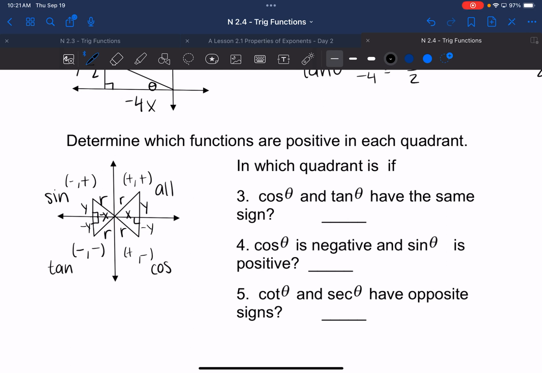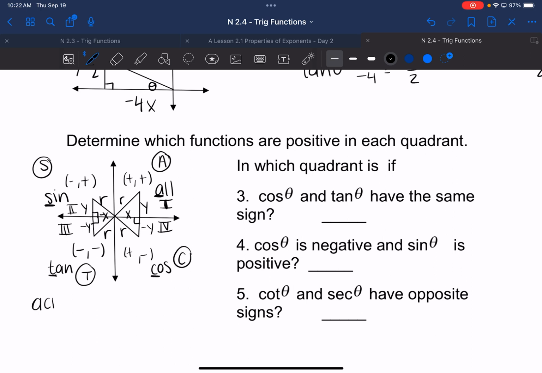We have an acronym to help us remember which ones are positive where. It goes counterclockwise just like our quadrants do: quadrant 1, quadrant 2, quadrant 3, and quadrant 4. A is for all, S for sine is students, T for tangent is take, and C for cosine is classes.